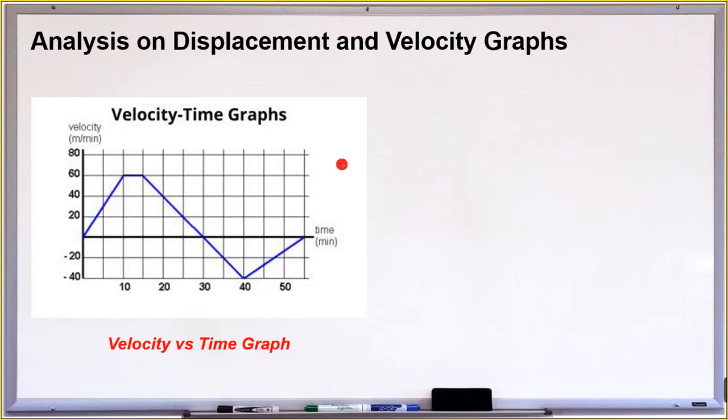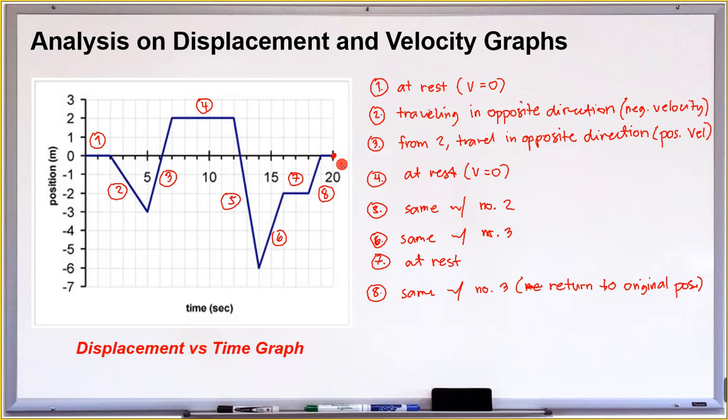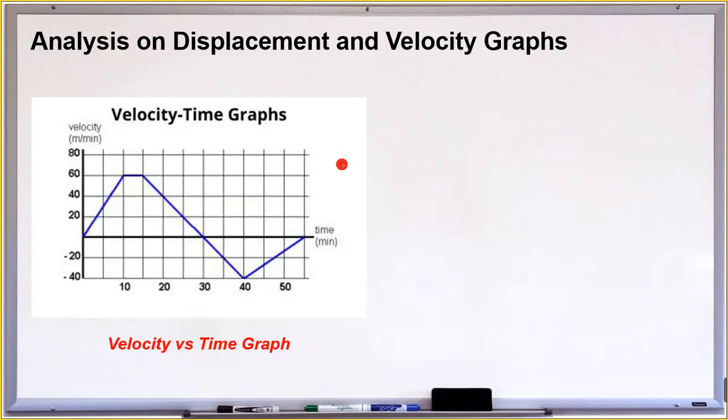We also have velocity time graphs. We move on to velocity time graphs: we have first, second, third, and fourth. In a velocity time graph, the slope is equal to the acceleration.